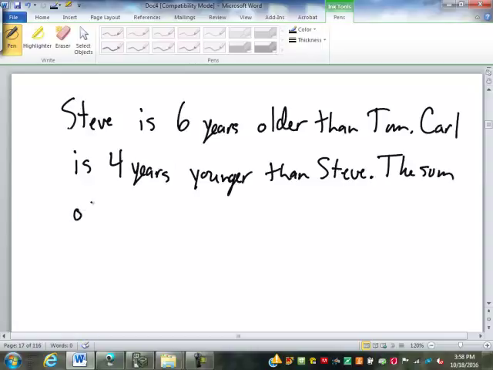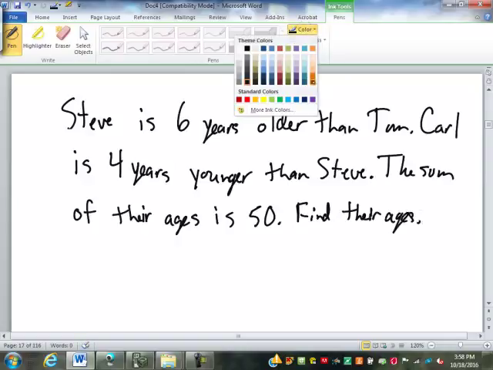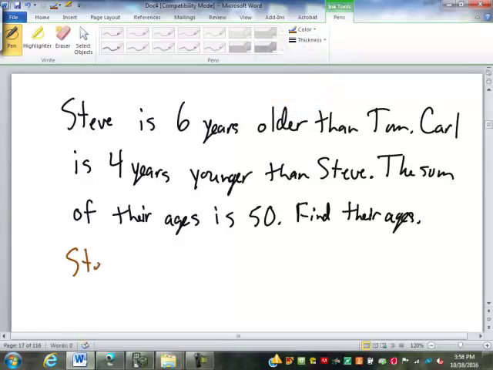The sum of their ages is 50. Find their ages. Well, we have Steve, Tom, and Carl.